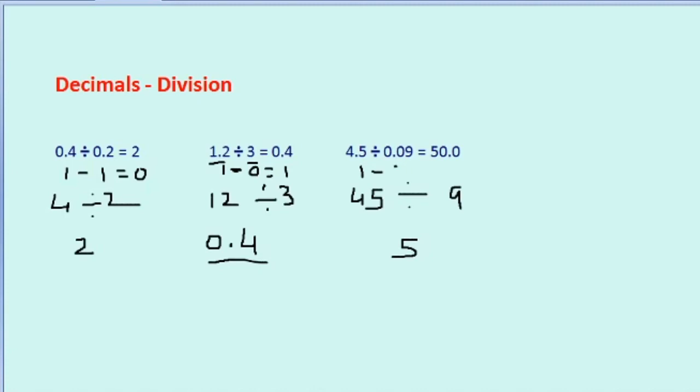Minus how many here? 2. So 1 minus 2 is minus 1. When we get a minus sign, we have to start counting from the right. 5, and after that there is no number, so we put a 0 here. So this becomes 50. Understood this? If you have any doubts, you can ask me in the comments tab.